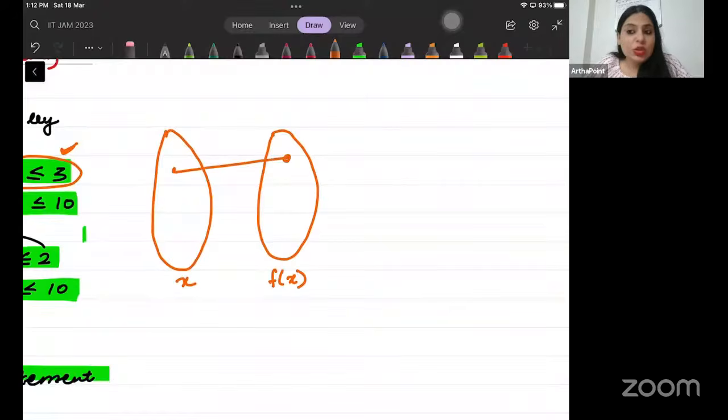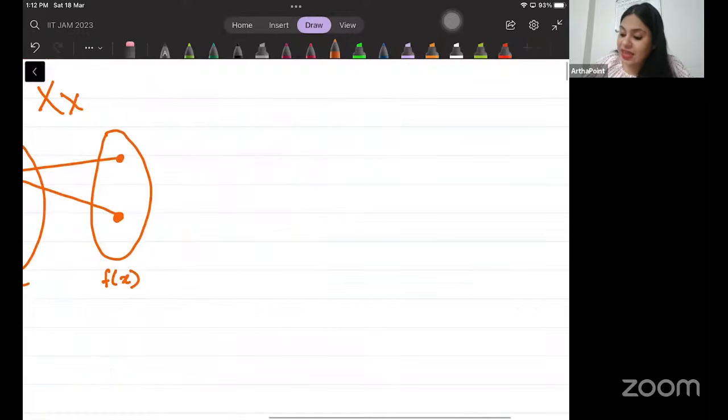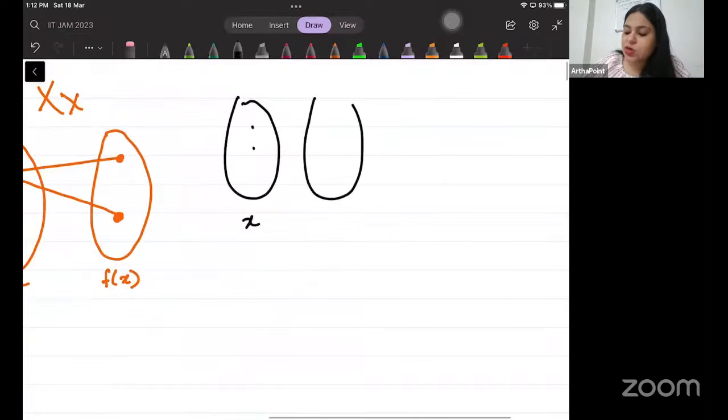So what we do not want is the same value of x linking to two different values of y. That is not the definition of a function. We can have, this is possible, that two x's link to the same y. I have two x's and they link to the same y. This is a many-to-one function.